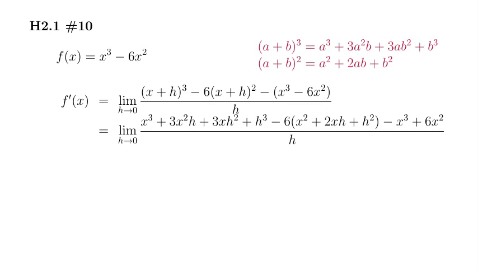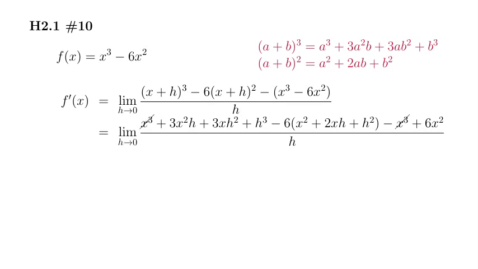Then we can cancel things out. You can see that you have x cubed here and minus x cubed, so I'm going to cancel x cubed with the x cubed over there. What else can we cancel?